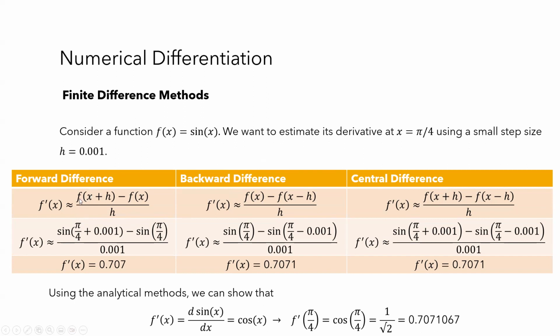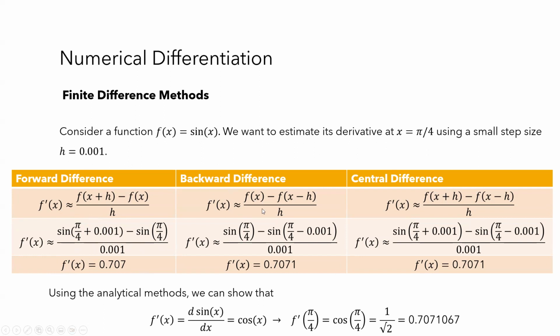So if you plug them in here, you will get 0.707 for the first derivative of sine of x.